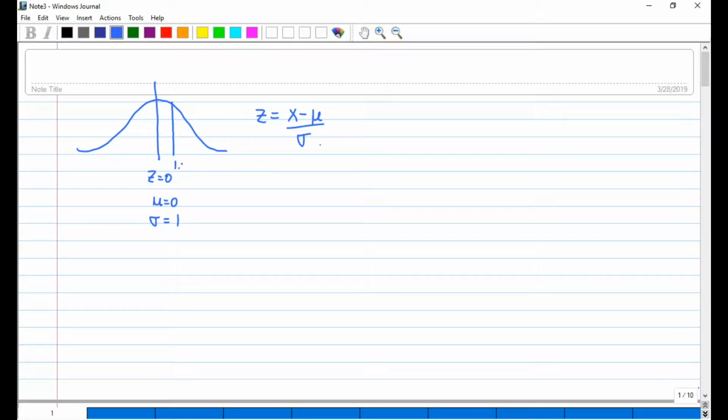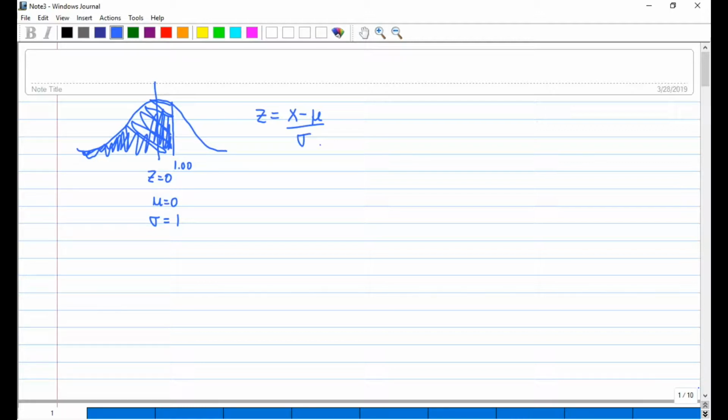If I look that up in the table, it's going to give me the area of everything from the left all the way up to that value. And that area corresponds to a probability. That's why we're doing this, to figure out probabilities.